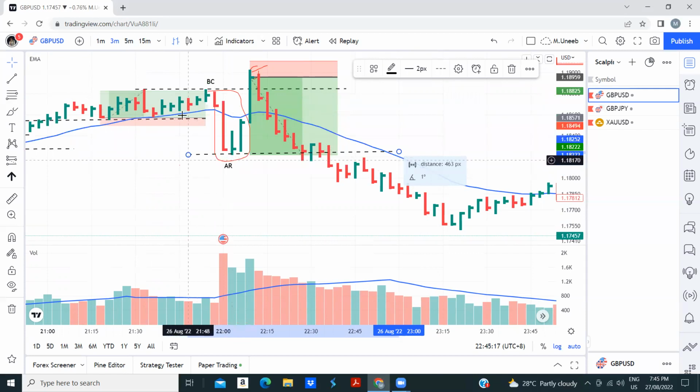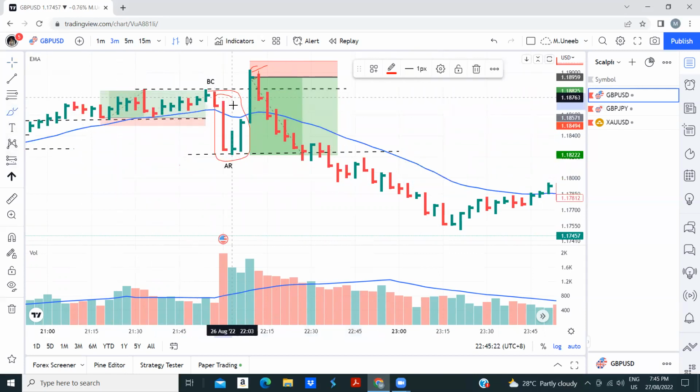The corrective wave becomes larger than the impulsive wave. And you see the volume here to the downside also increases. So this becomes buying climax because corrective wave becomes larger than impulsive wave. Am I right? So the swing high of that impulsive wave becomes buying climax. Got it?